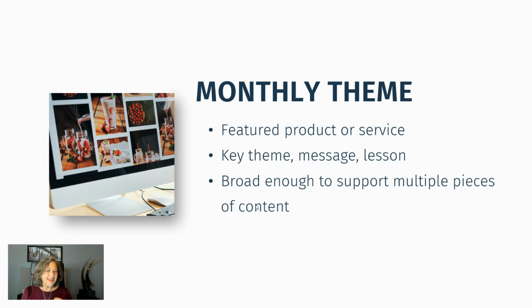Your monthly theme is not one blog post, but for me, a monthly theme might be strategic planning, and then I might have 3 or 4 different discussions, examples of how to do planning throughout the month that reinforce that primary monthly theme.